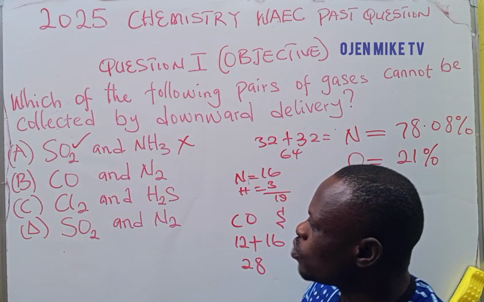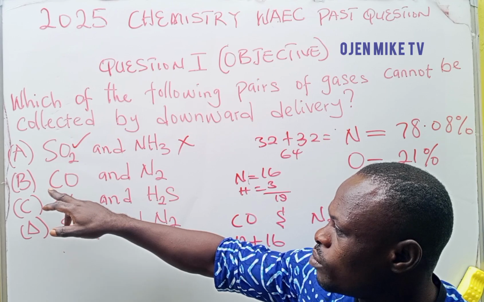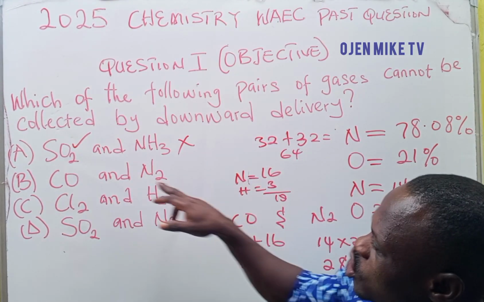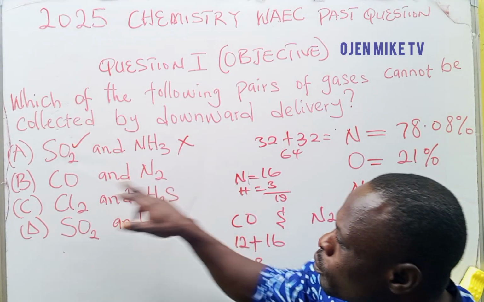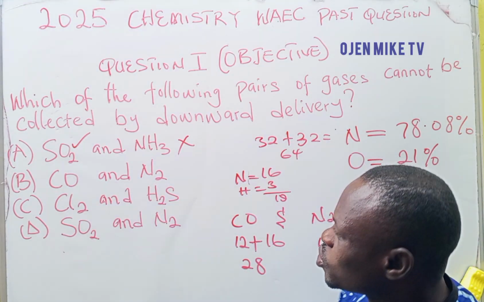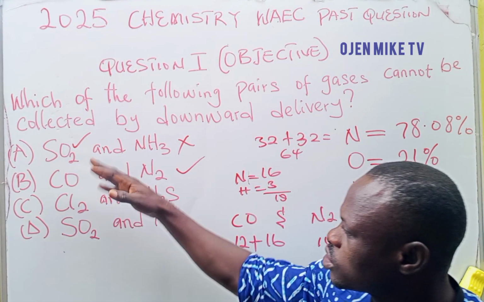Because if you look at the relative atomic or molecular masses, you find that this one is not up to 30 and this one is not up to 30. So both of them can be collected using upward delivery. Is that understood? So the correct option is Z. Now let me just explain.